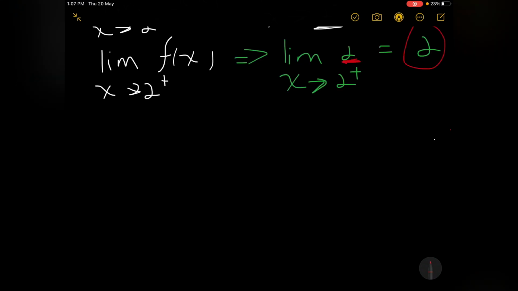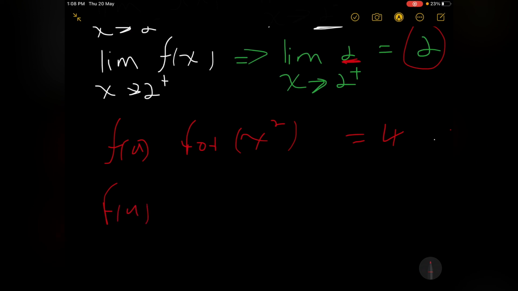For the first function, which is x squared, when we find f of a for x squared, when we plug in 2, we would have 4. So that's the same. But if we plug in a into the function for 2, we'd get 2 because there's no variable here to plug into. So we'd still have 2.